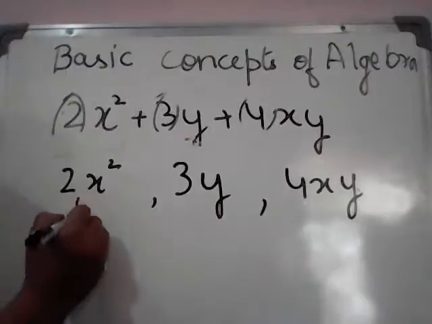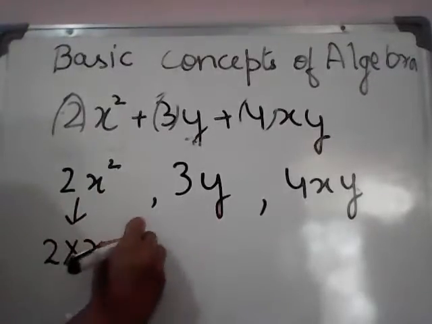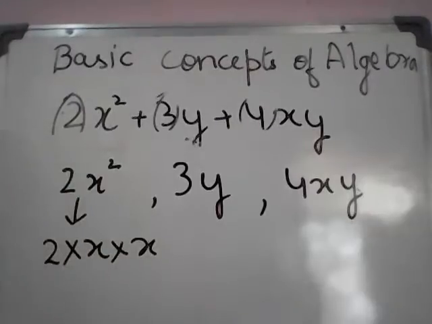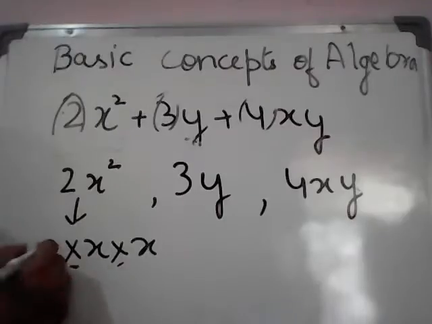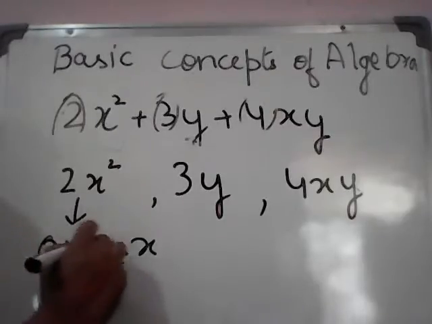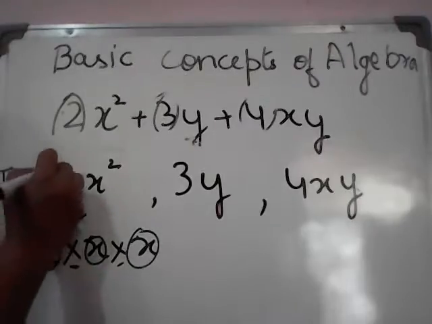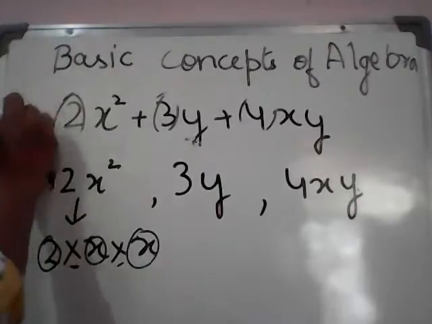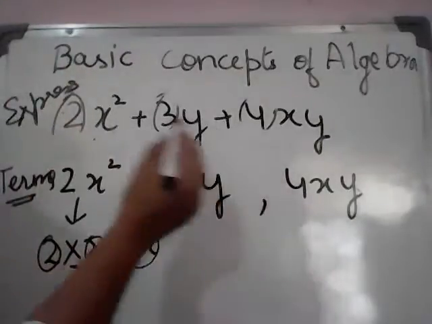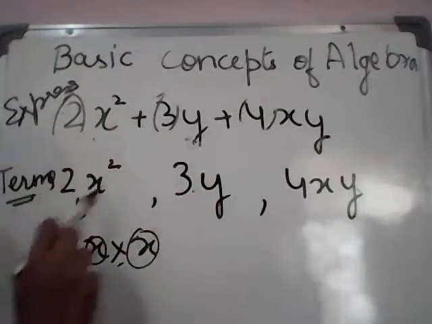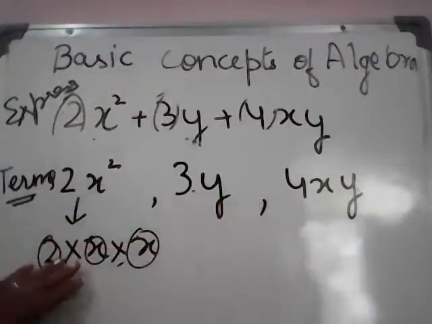Suppose if we split this term, it can be written as 2 into x into x. So we see in between we have a multiplication sign. These individually are called factors. This is a term, these are terms, this is an expression. An expression can be split into terms. This expression has 3 terms and each term is divided into factors.